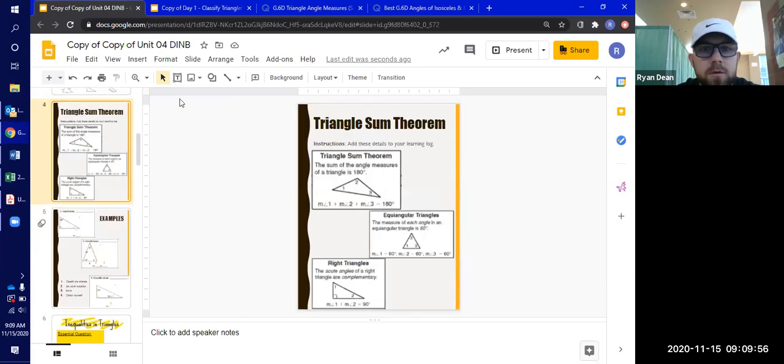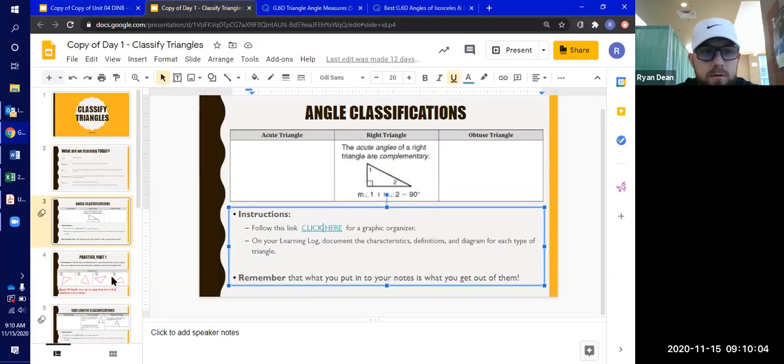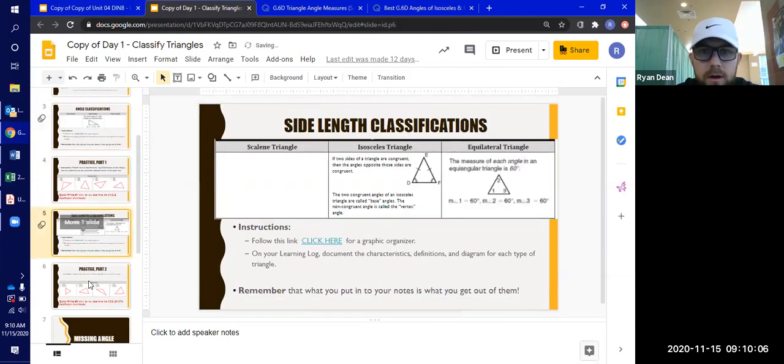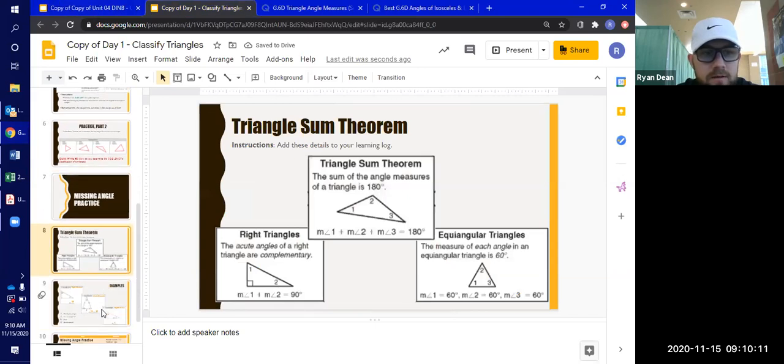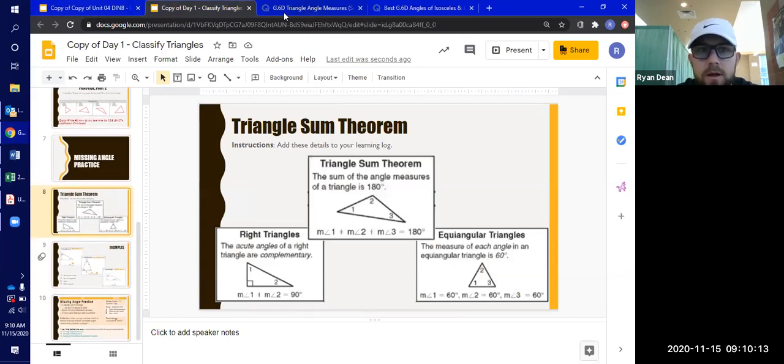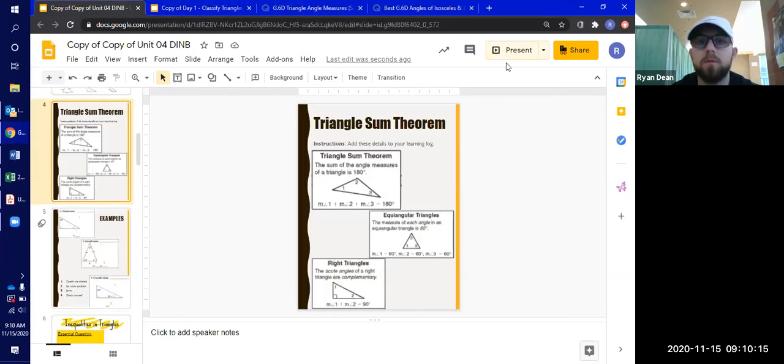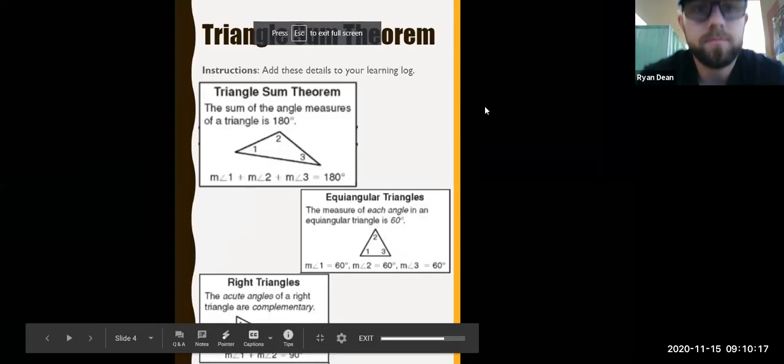Okay, so let's come back here. Let's see if we got anything good here. I don't think there's anything else that we need to cover in here. Missing angle practice. Yeah, so we'll come back here real quick.